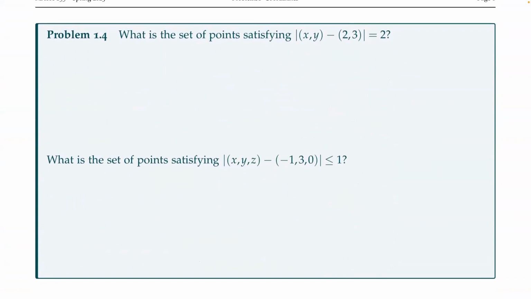Okay, let's think about something slightly different here, thinking about how different sets of points might satisfy certain conditions. That might sound a little bit abstract, but sometimes we don't really just care about one particular point in a space. We might care about a selection of points.